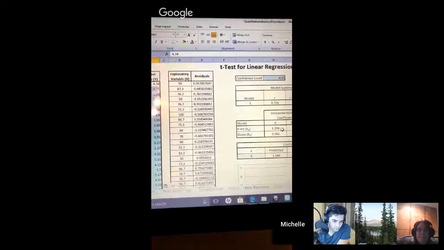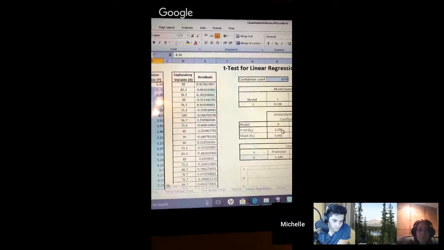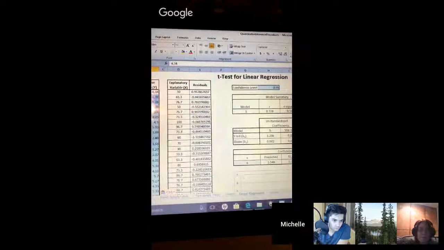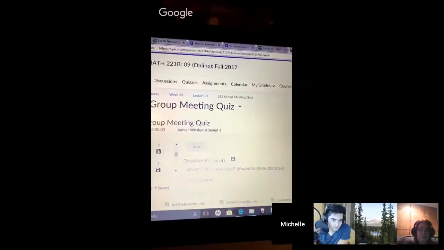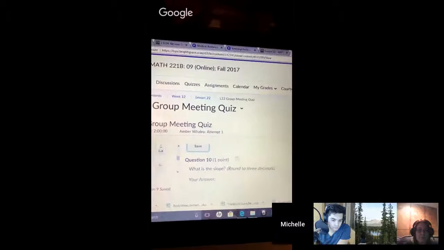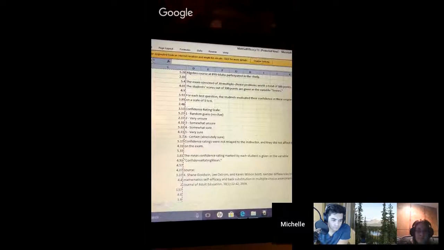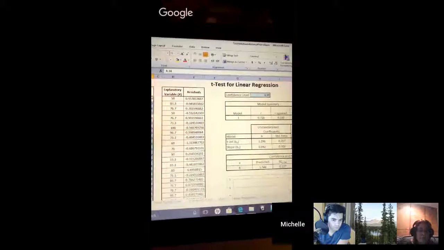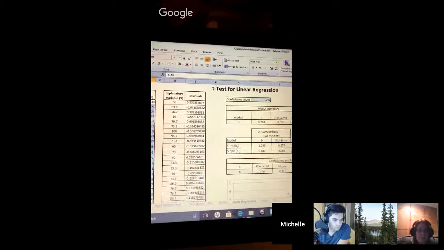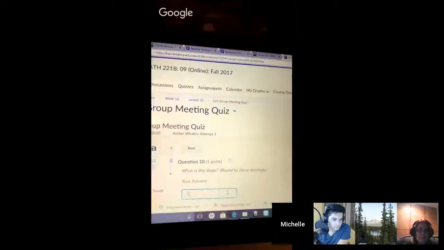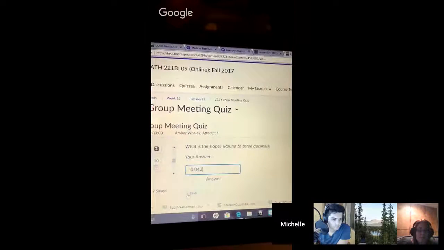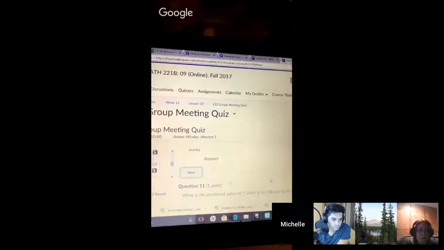I mean, it's the number there, the y-intercept. What is the slope? 0.042. And that's what I have too.